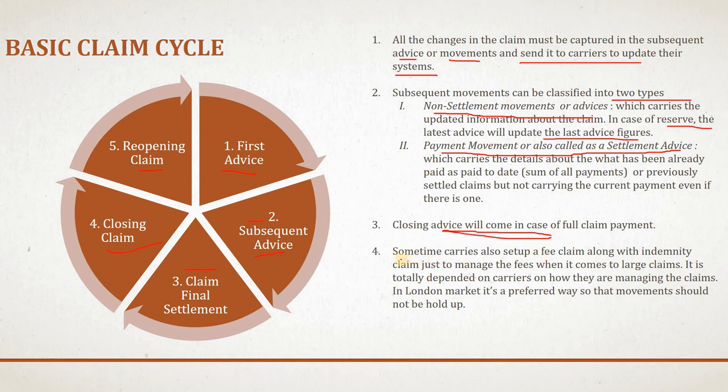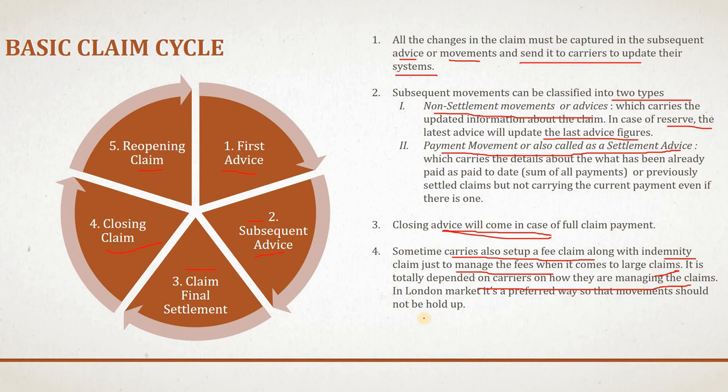Sometimes the loss is big enough that you have to segregate the loss into two parts, the indemnity losses and the expense losses. So sometimes in Lloyd's or the London Bureau market, a carrier also sets up the fee or expense claim, along with the indemnity claim, just to manage the fees when it comes to a large claim. It is totally dependent on the carrier how they manage this claim.